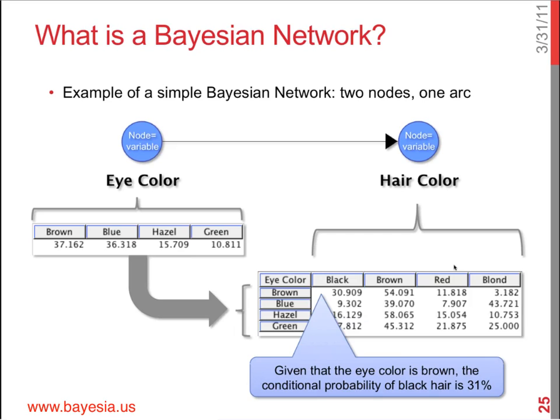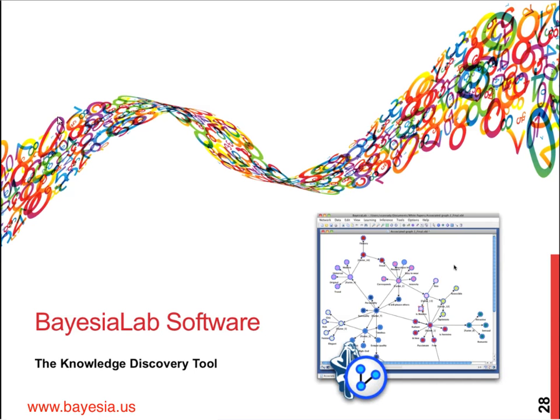I've now given you kind of the Bayesian network framework. What is our paradigm? Now I want to briefly touch on the software we're going to use. This is BayesiaLab. This is the software we're promoting and selling. This is our knowledge discovery tool.